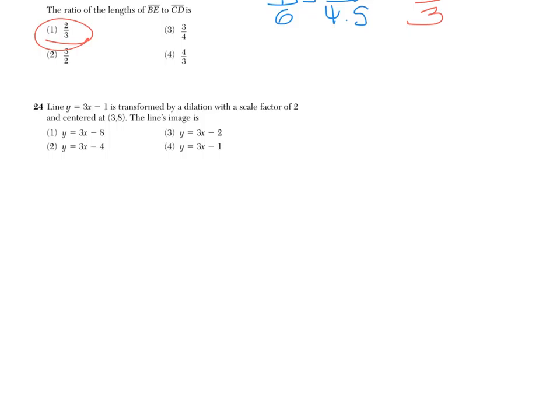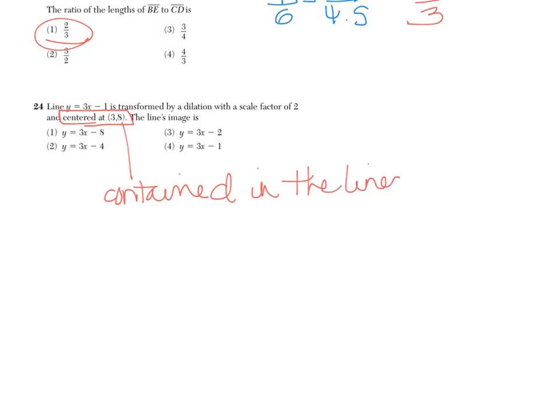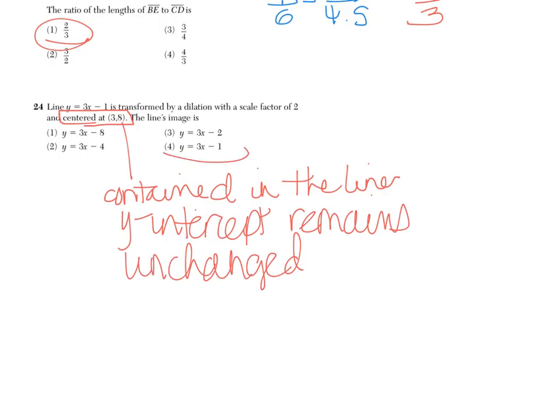And since we have a scale factor of 2 and it's centered at (3, 8), this value is a center of dilation that is contained in the line. And as a result, the y-intercept remains unchanged. So we get the same line back. y equals 3x minus 1, which is choice 4.